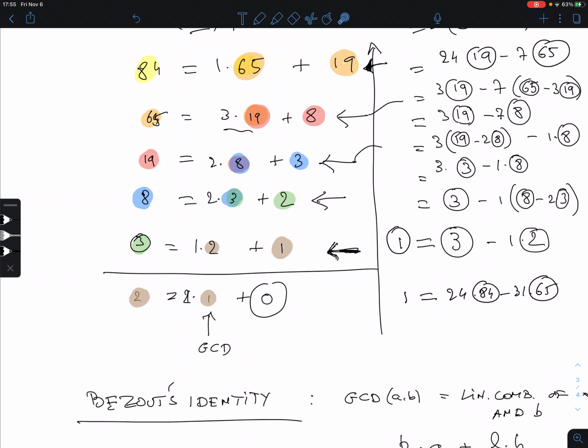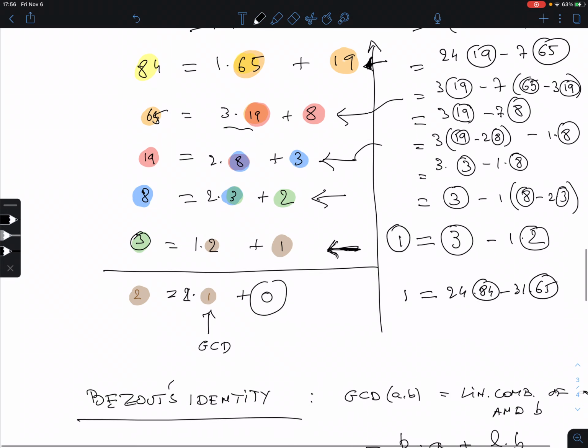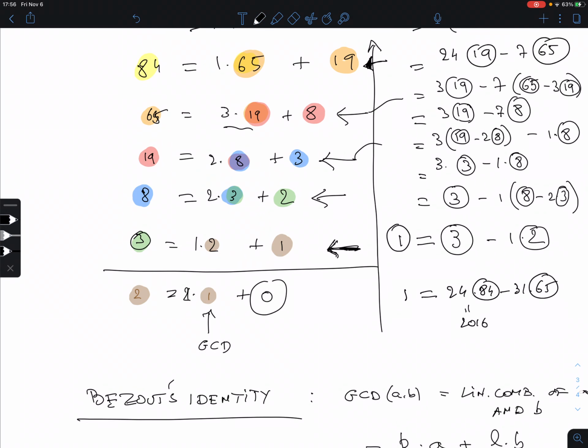Just by the size of this, 24 times 84 is 2016, and the other number, 31 times 65, is 2015. So indeed, the difference is 1.